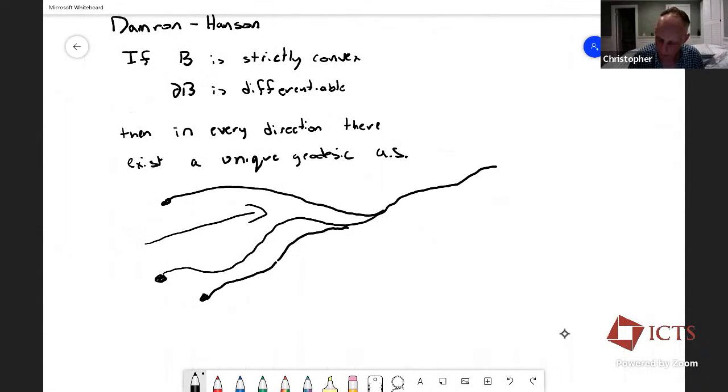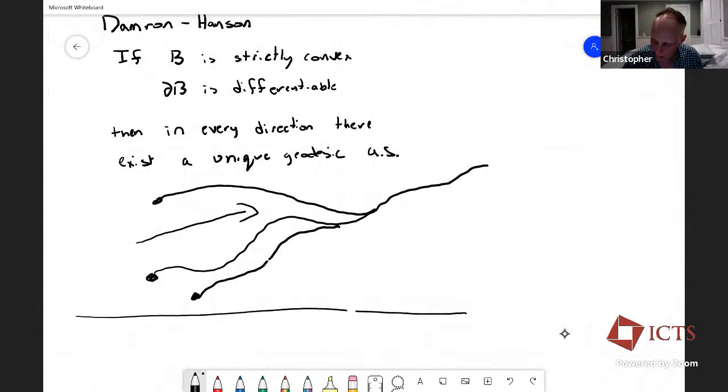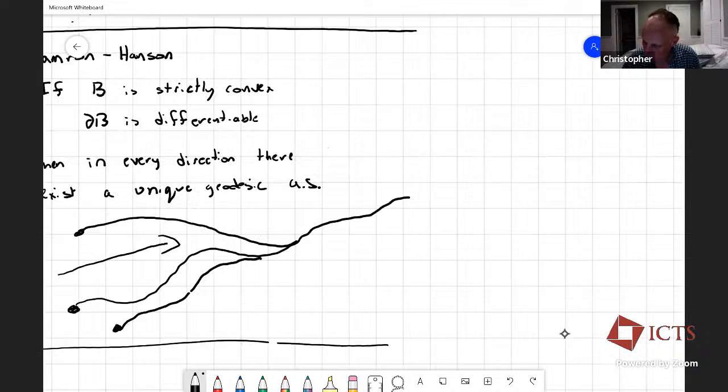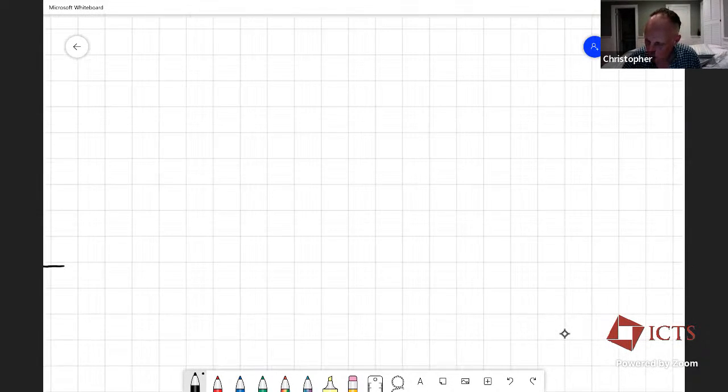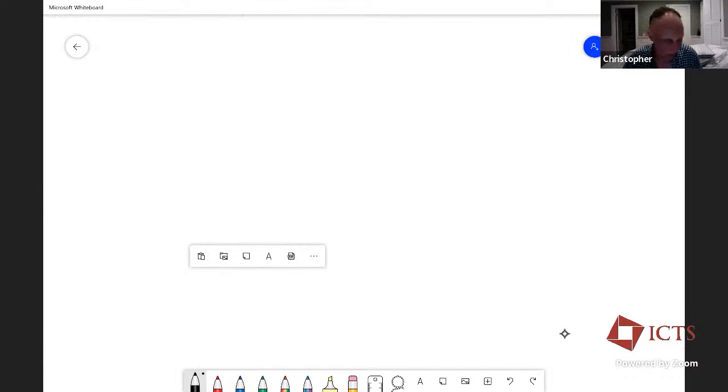But I want to say that we might have a better chance to study geodesics as much as possible, and then hopefully this will give us some knowledge about the shape.